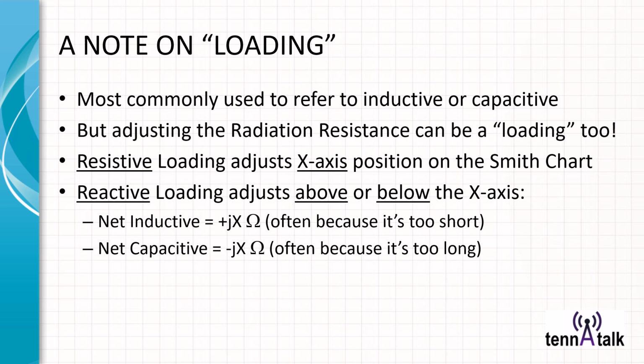Resistive loading simply adjusts your x-axis position on the Smith chart, but reactive loading adjusts your position above or below the Smith chart. Net inductive is a positive jX value, net capacitive is a negative jX value, and you can read this out on a NanoVNA. So now you know how to look at the Smith chart on a NanoVNA and understand better what you're looking at.